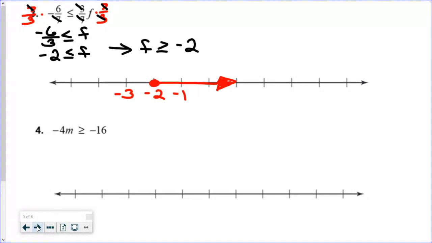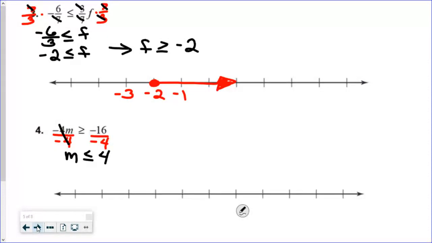Do you see on number 4, I am dividing by -4. New rule. Are you listening? That cancels. When I multiply or divide by a negative number, doesn't matter what the answer is, but when the number in red is a negative, and that's because of multiplying or dividing, I flip the sign.